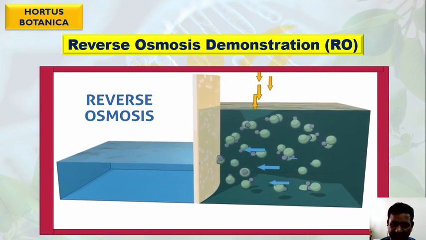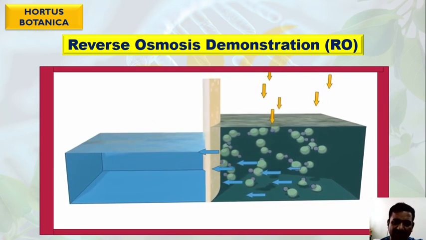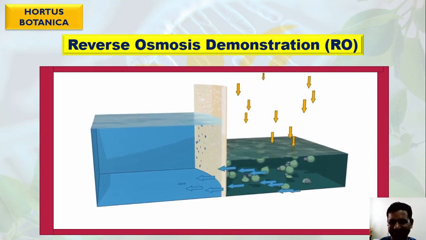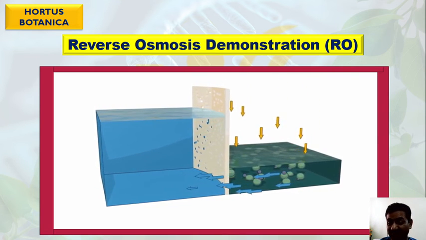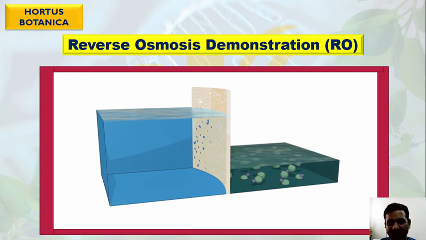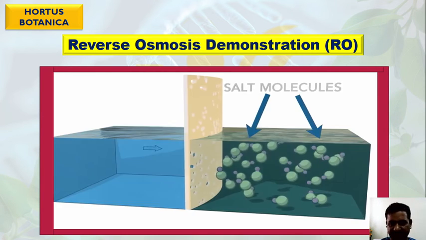Now see how again water is moving from the hypertonic solution to the hypotonic solution. So it's very clear that we are going to purify the water, from dirty water to very fresh water. So this is the role of RO, reverse osmosis, for purification of water, right?